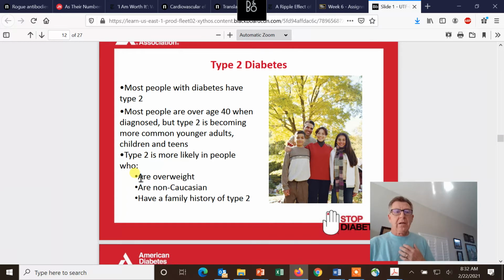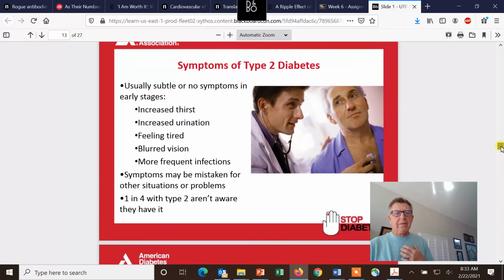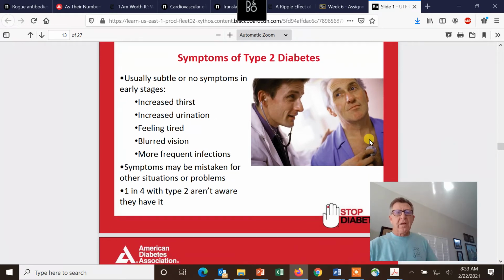Again, being overweight is the huge risk factor. And we just look at the epidemiology in our country. Certainly white people have this issue, but we can look across the cultures. It impacts the lower socioeconomic groups a lot more dramatically. Here's all the symptoms that I already went over.